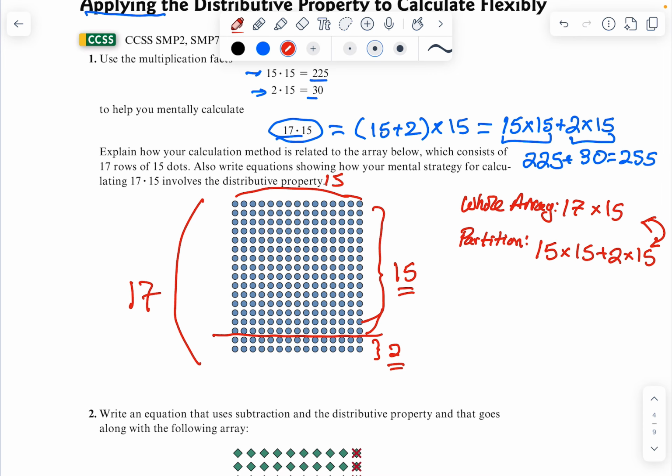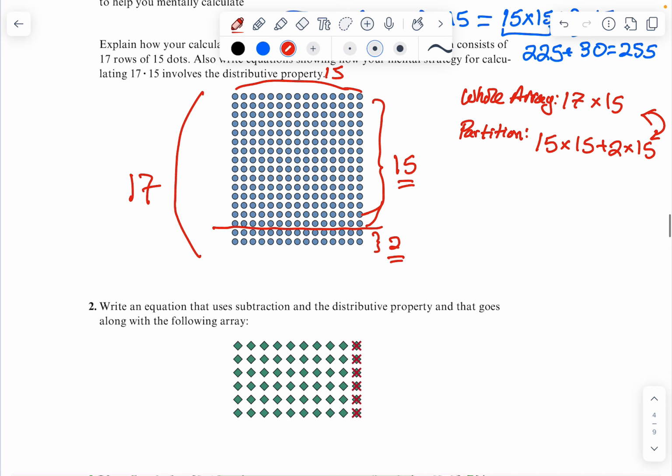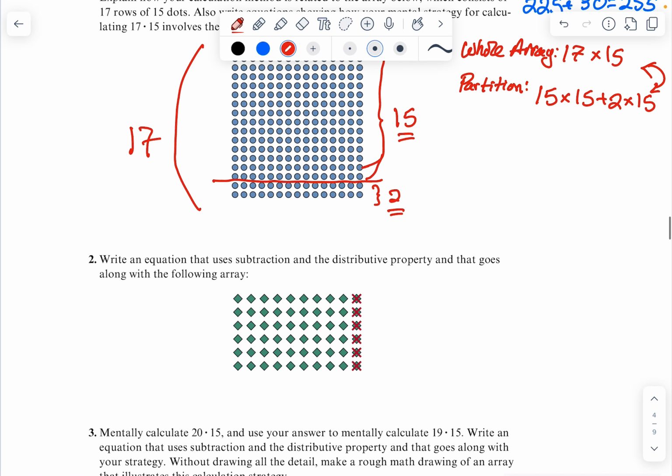But an interesting thing about the distributive property, while it talks about being over addition, it's also over subtraction, because that's just the opposite of addition. So here we see we have 1, 2, 3, 4, 5, 6 groups, if I look at the rows, of 1, 2, 3, 4, 5, 6, 7, 8, 9, 10 units, but I'm subtracting one of those.